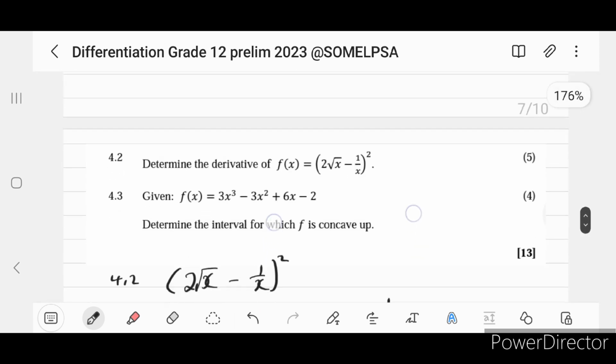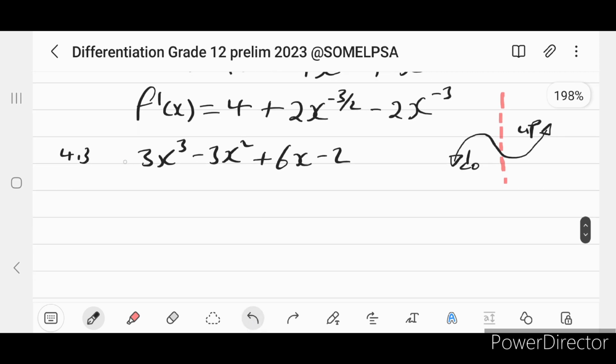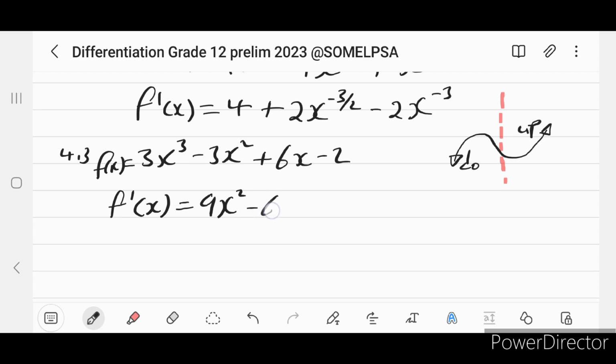This is f of x. So I must find f prime of x. This times this is 9x squared. This times this is minus 6x plus 6. Then I derive it again. This is 18x minus 6.